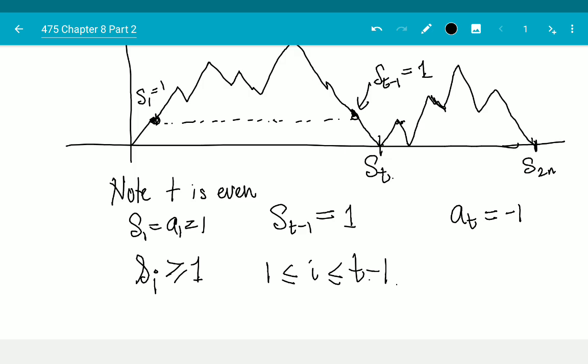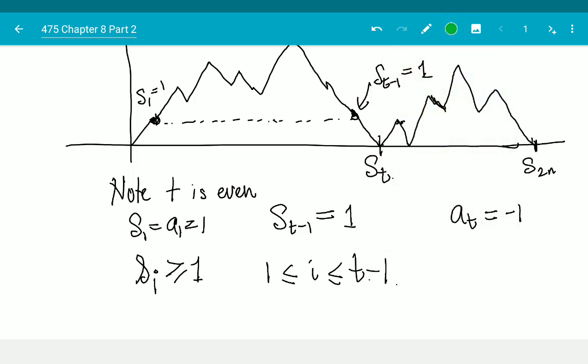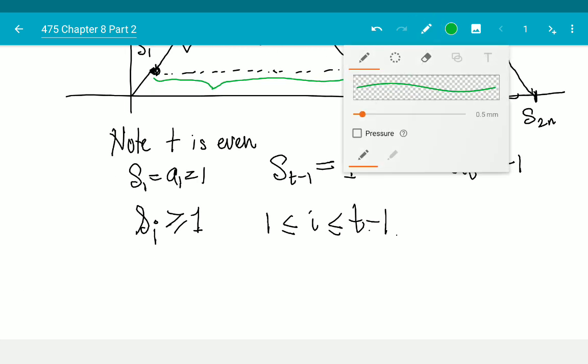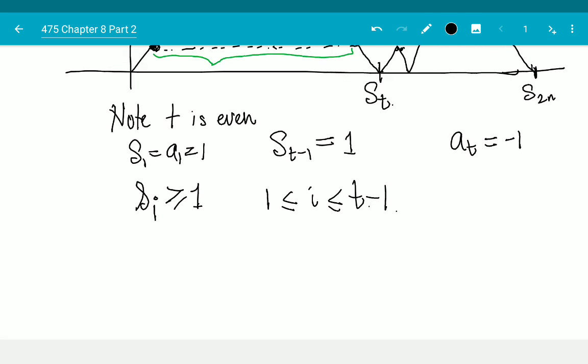So what is happening is that I can look at a new sequence from here to here, right? And that sequence, since it's even, is going to have some length, maybe t minus 2 over 2. Okay, and that is how I'm going to break it up into two types of sequences.